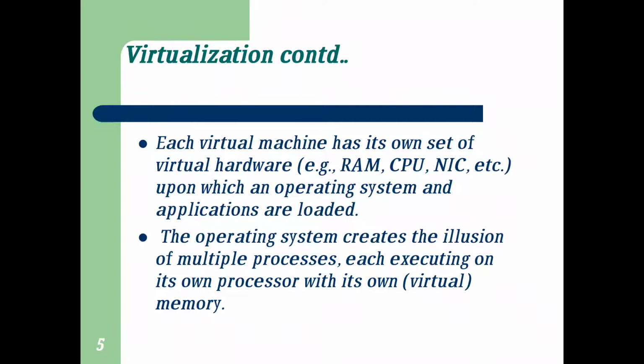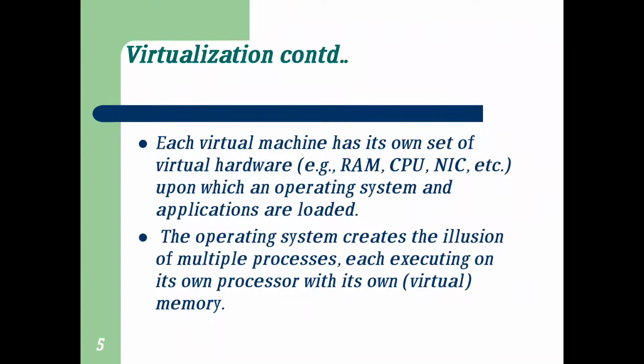Say for example I have already installed Microsoft Windows. Within that I am using Linux Mint or Unix Ubuntu, correct. But Ubuntu is having its own RAM, own CPU, own NIC, but it is not actually having; it is having which is virtual.